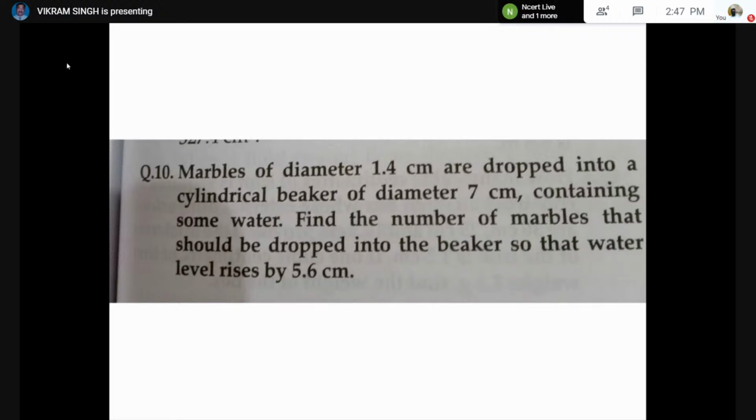Automatically the water rises, so the height of the water rises after dropping these marbles. It is 5.6 centimeter. So we have to calculate the number of marbles, which means how many marbles have been dropped in the beaker to raise the water height by 5.6 centimeter.